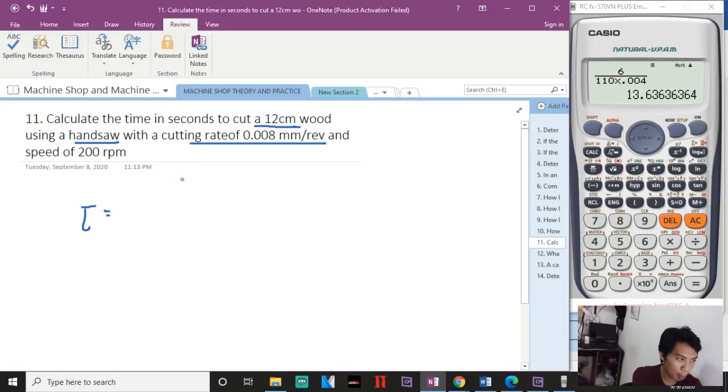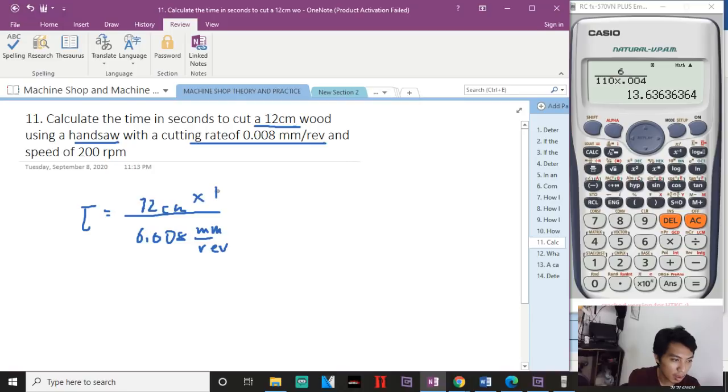So, this is the cutting rate. Okay? So, the length is 12 cm over yung cutting rate 0.008 mm per rev. May nakita ko, hindi pareho yung unit.